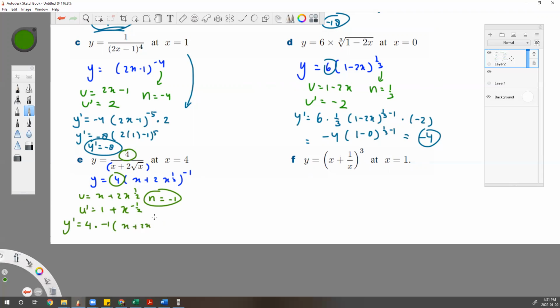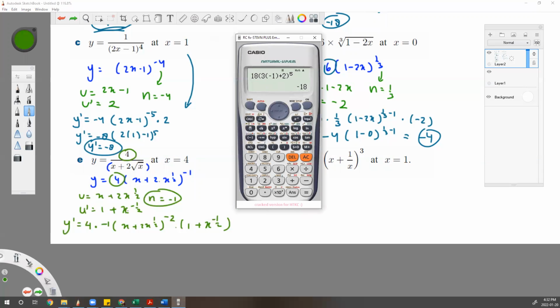u to the power n minus 1, -1 minus 1, times (1 plus x to the power -half). And then we're done. Now substitute x as 4. 4 times -1 is -4 itself. -4 times (4 plus 2 times 4 to the power half), go right and then close, power of -2.